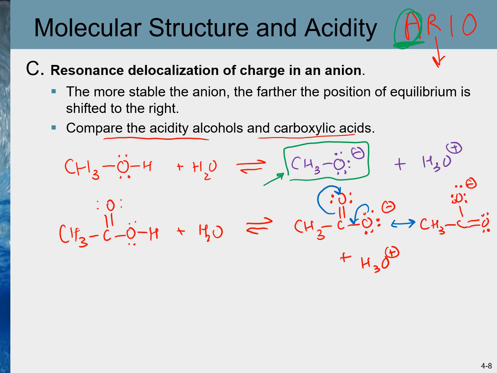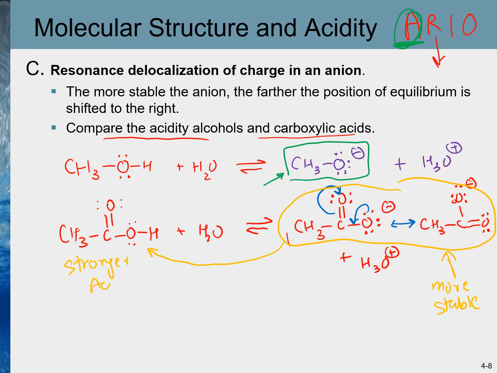Due to the presence of this resonance, the carboxylate ion is more stable. And because the carboxylate ion is more stable, hence carboxylic acids are stronger acids compared to alcohols.